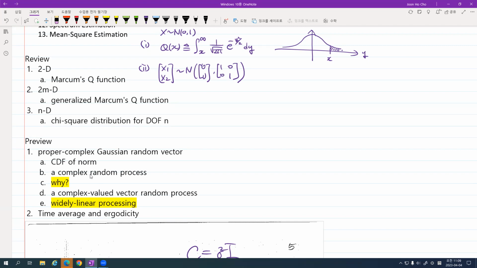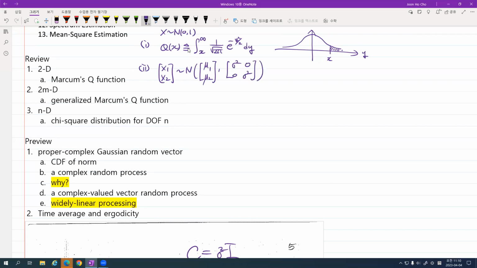Okay, let me modify a little bit. So let's say the mean is mu1 and mu2, and here we have sigma square 0, 0, sigma square.